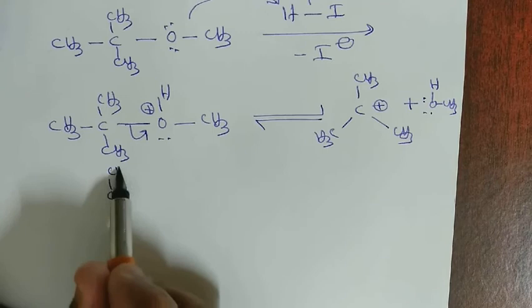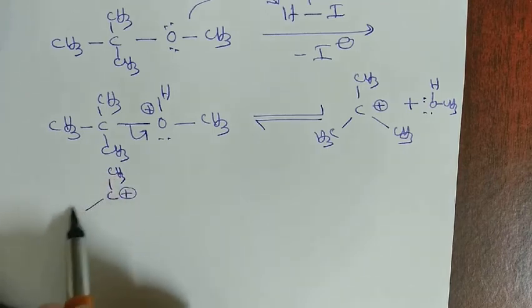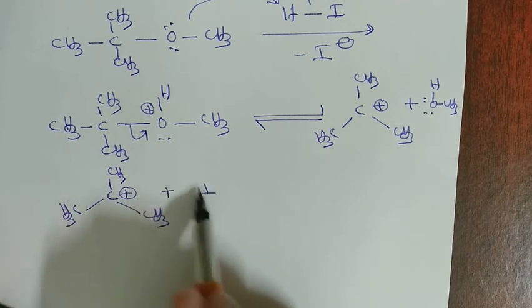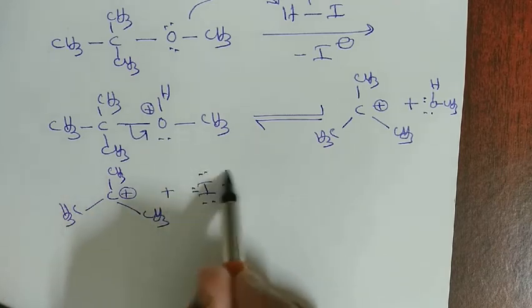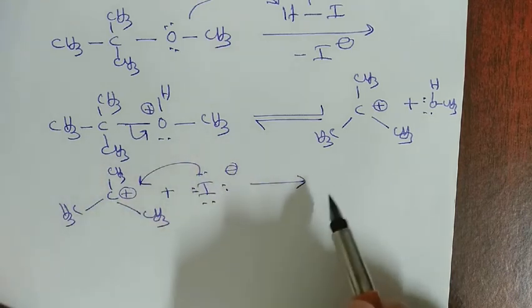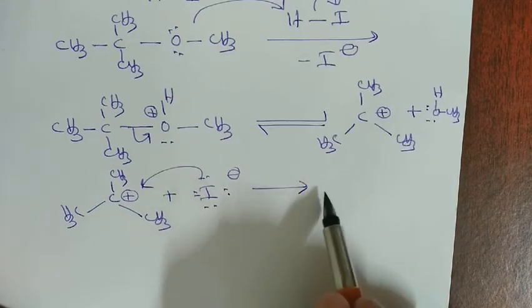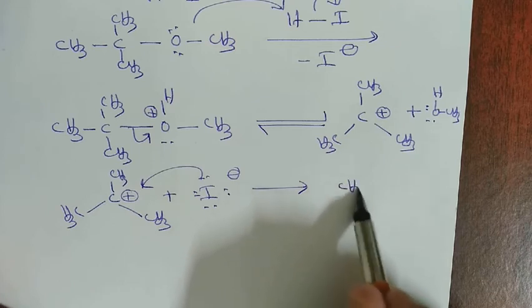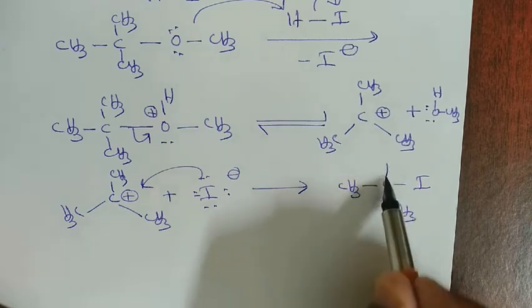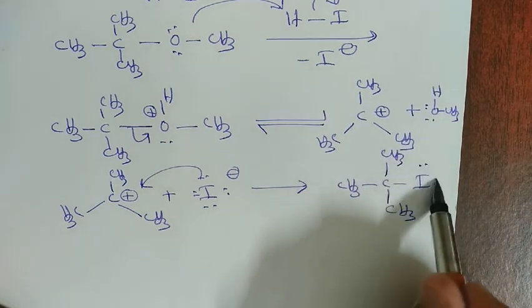The carbocation intermediate combines with the nucleophile present in the medium. In the next step, iodide combines to form tertiary butyl iodide.